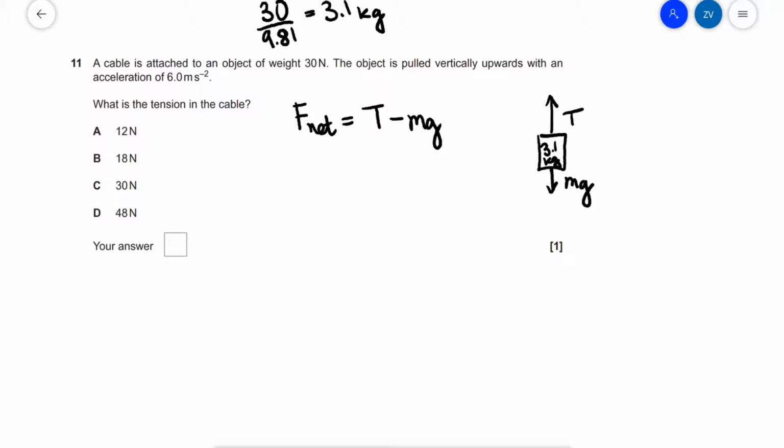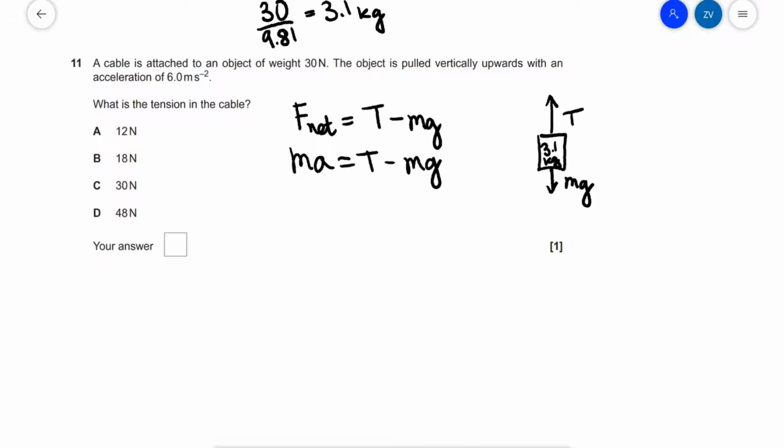Remember, the net force due to Newton's second law will be equal to ma, so this will be equal to ma, and this will be equal to T minus mg.